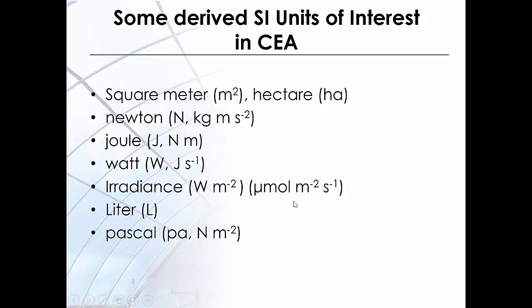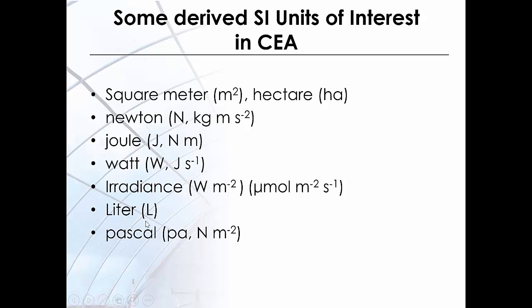Since photosynthesis is a quantum process, PPFD is generally used by plant biologists. Both watts per square meter and micromoles per square meter per second provide the instantaneous light intensity levels. However, they can be integrated over time to give the accumulated light levels.